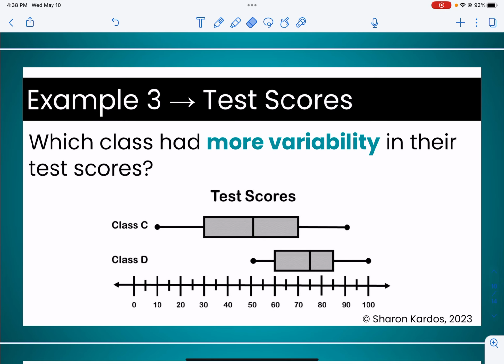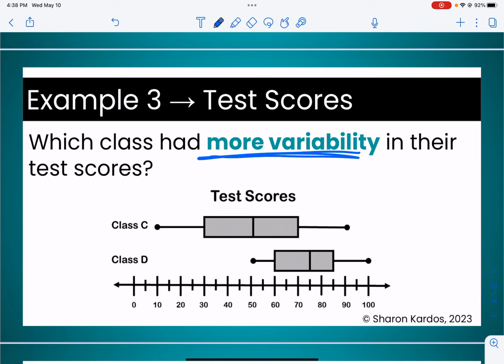All right, example 3. Ooh, they've thrown 2 box and whisker plots on my number line. So maybe I'm still talking about test scores. Maybe I'm comparing 2 different class periods. We have class C and class D. And the question says, which class had more variability in their test scores? Remember, variability is how spread out is your data.